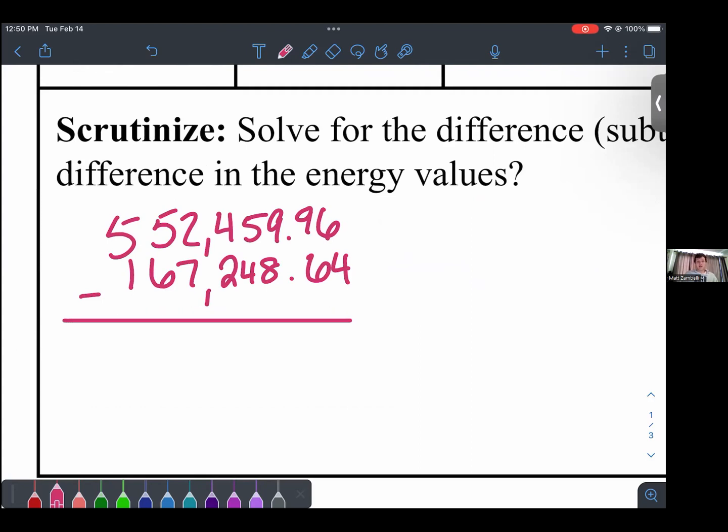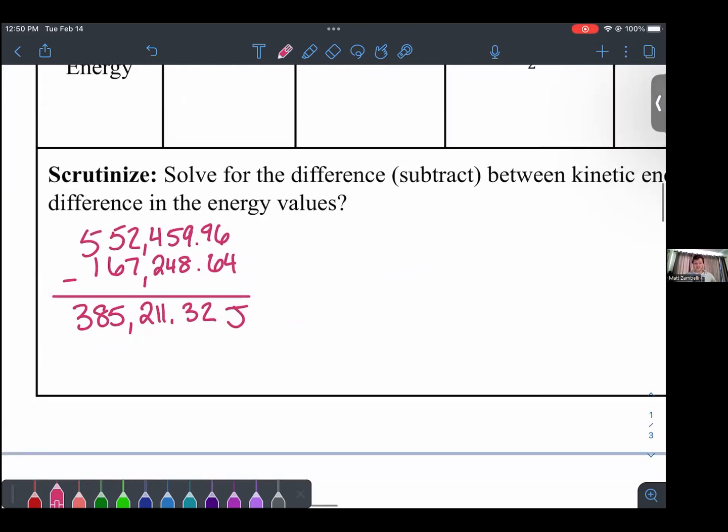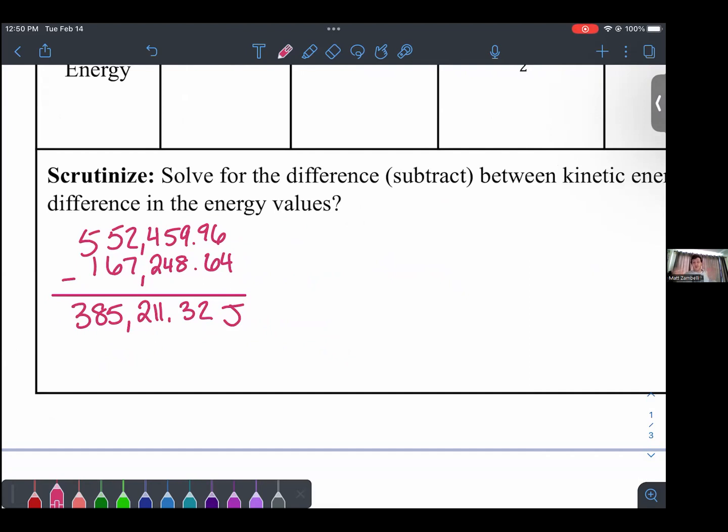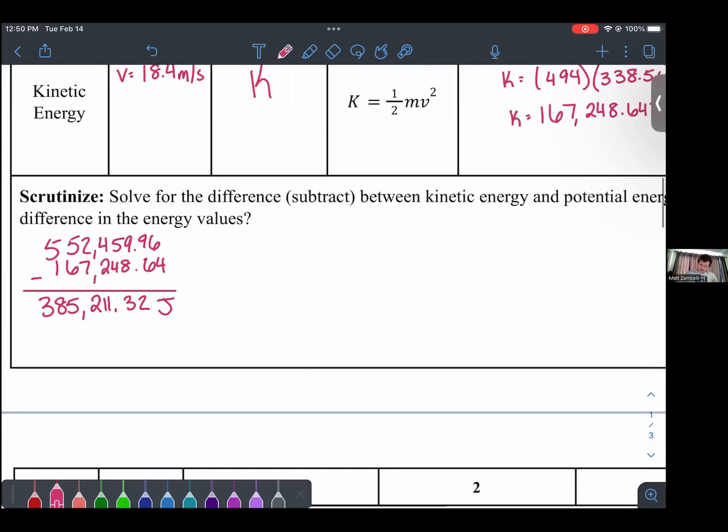And when I subtract those two, I'm going to end up with 385,211.32 joules. Now, this is the energy lost, or that's no longer in our potential or our kinetic. So it's no longer in either of those two.